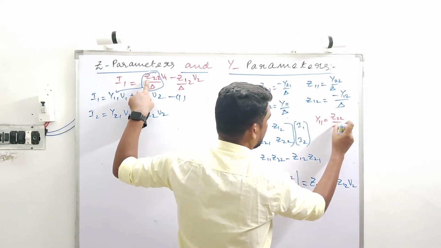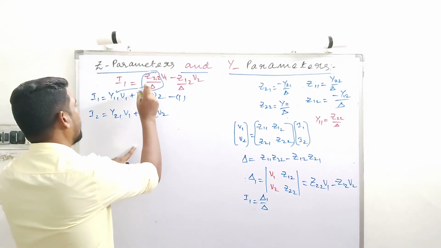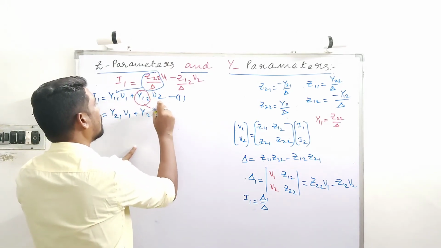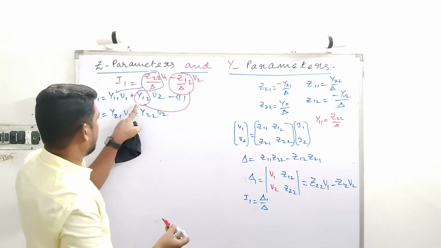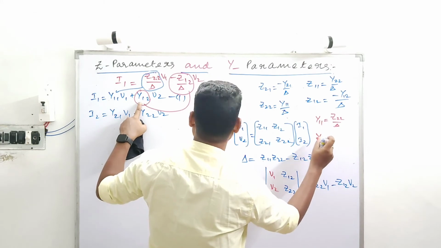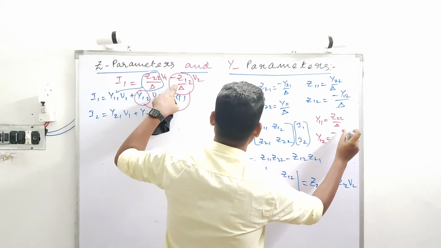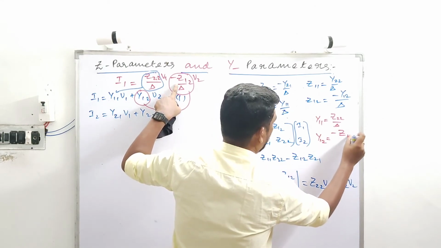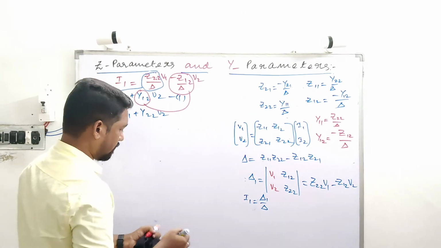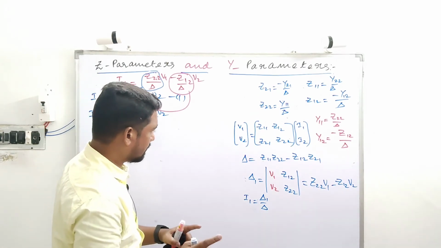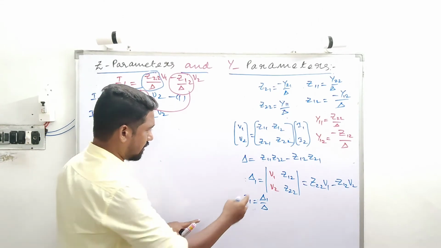In the same way, Y12 will be equal to the negative times Z12 by del. Y12 is equal to negative of Z12 by del.